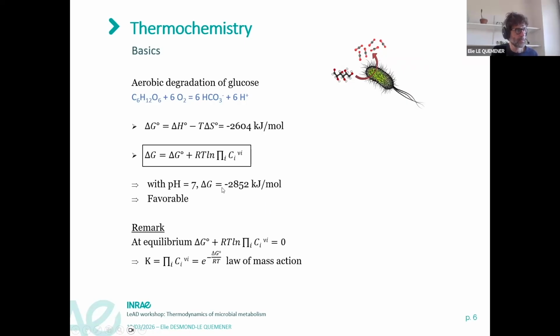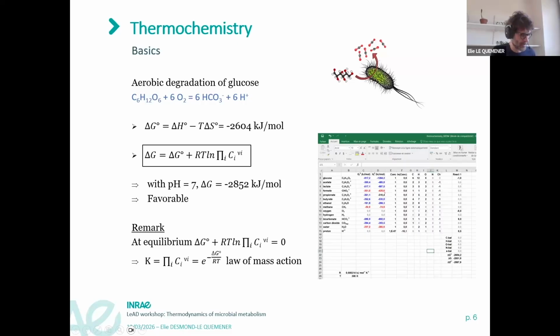The definition of the equilibrium means that there is equilibrium between reactant and products, which means that delta G is neither positive nor negative, it's 0. And then it gives us a relationship between the ratio and product of the concentration and the standard delta G. And that's how we define this K constant that we use in the law of mass action.